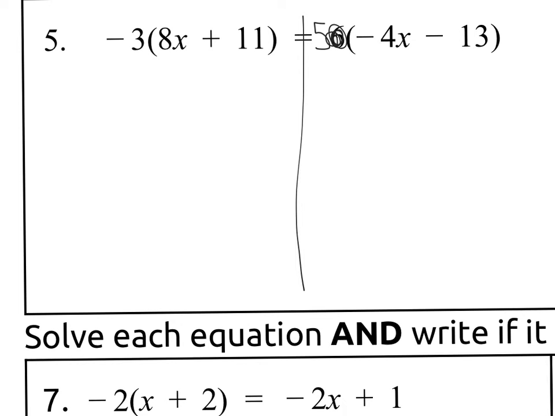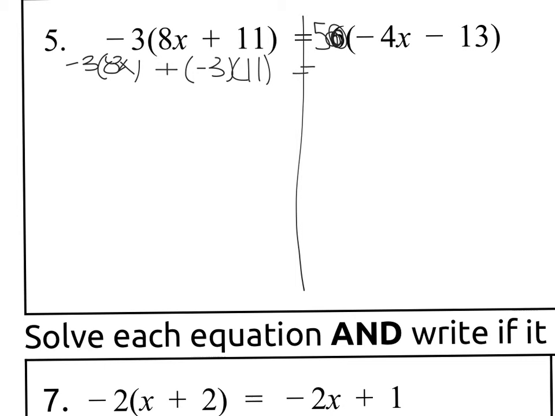If you have this situation going on, before you can start any kind of solving, what do you have to do? Yes, you have to distribute. So, -3 times 8x.